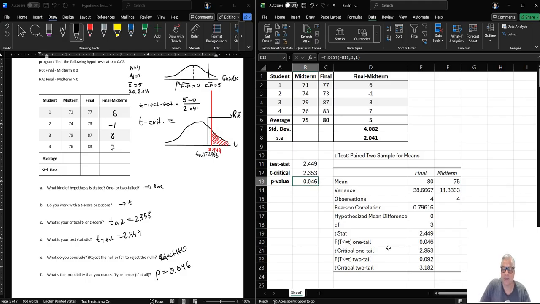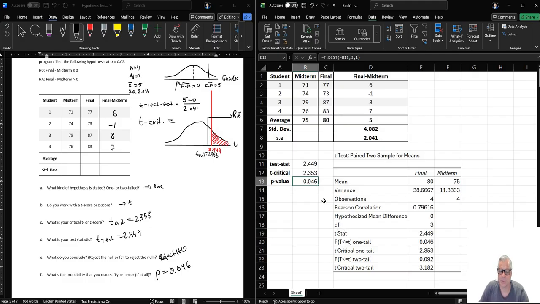But of course Excel will also give you the result, assuming that we had a two-tail test, but that's not the case here. But what Excel will not give you is the standard error that we used in order to calculate the t-stat.